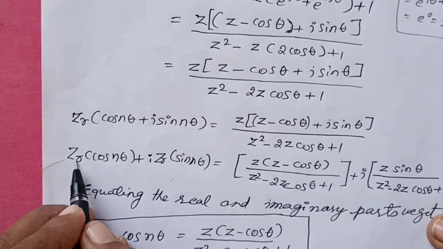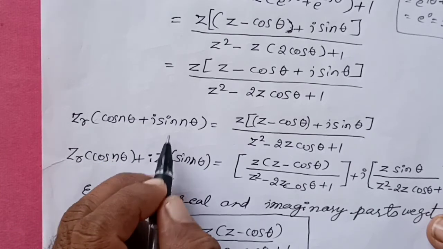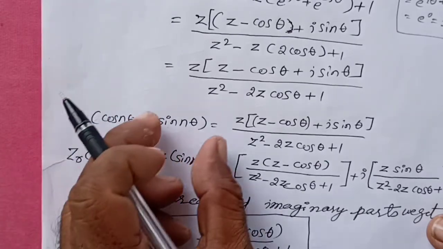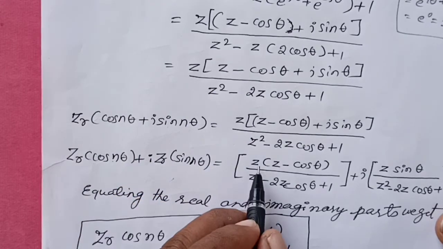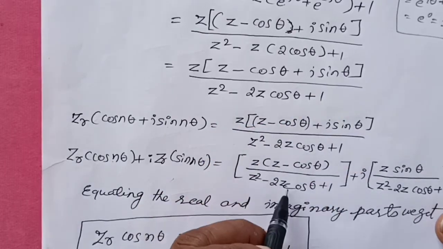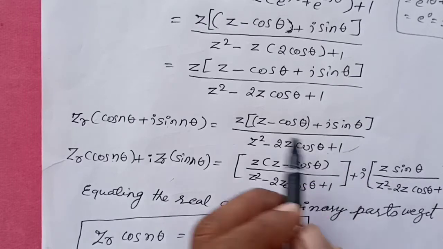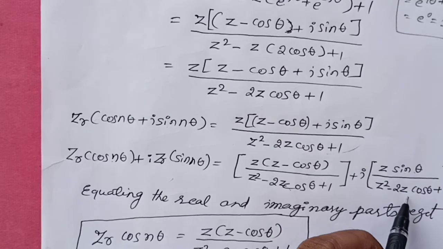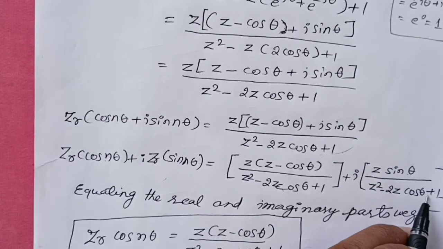Next Z transform of cos n theta plus i times Z transform of sin n theta, split. So it becomes: this divided by this and this divided by this. So i into z into sin theta divided by z square minus 2z cos theta plus 1.